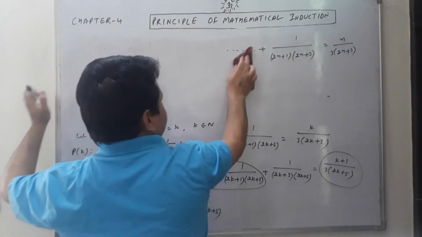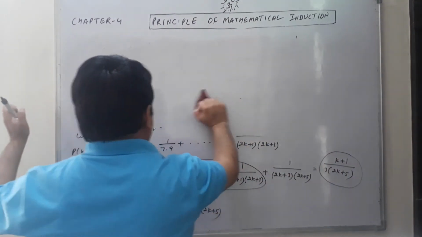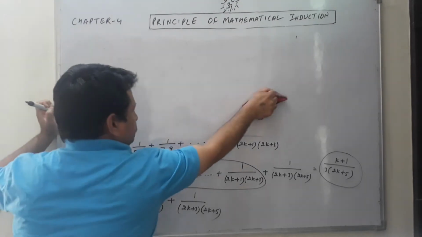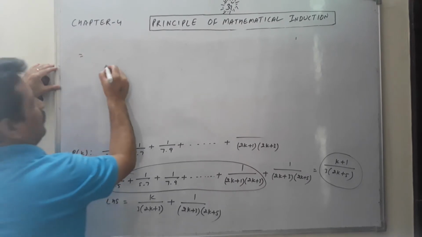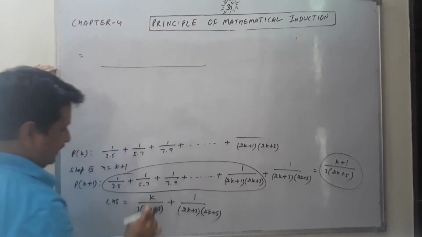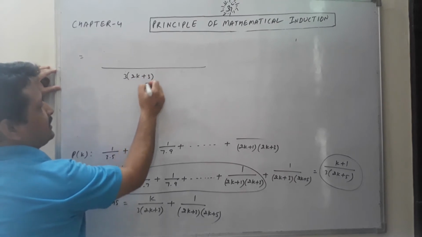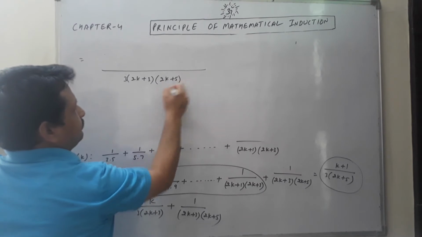So let us come. Now this is equal to, we will take its LCM. Its LCM is 3 into (2k plus 3) into (2k plus 5).